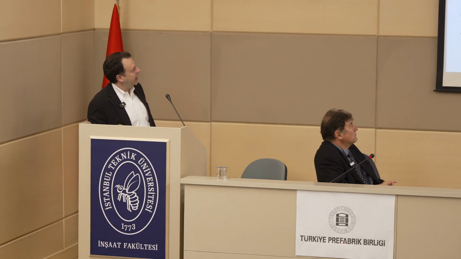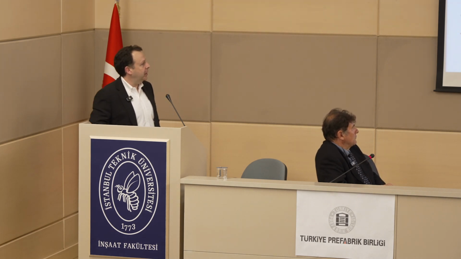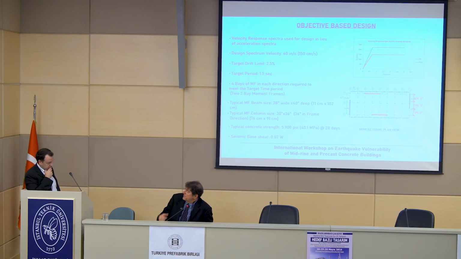So 71 by 102 and 76 by 91 for the columns. The typical concrete strength, we did not have to use the extra capacity, the 8,000 PSI, so we could just do the 40.1 megapascal for the concrete strength, and that was our base shear here at the base. So you sort of optimized the number of bays in this case. Yep. So instead of 3, you reduced down to 2.